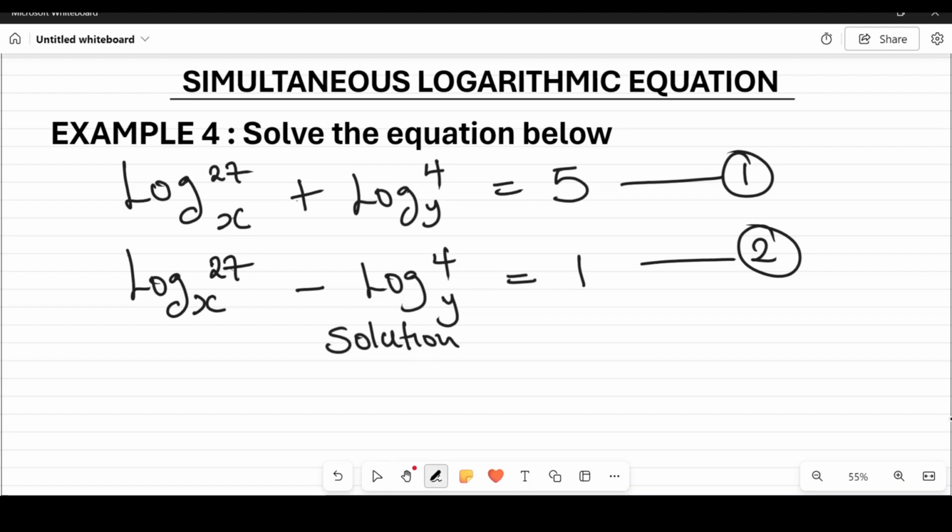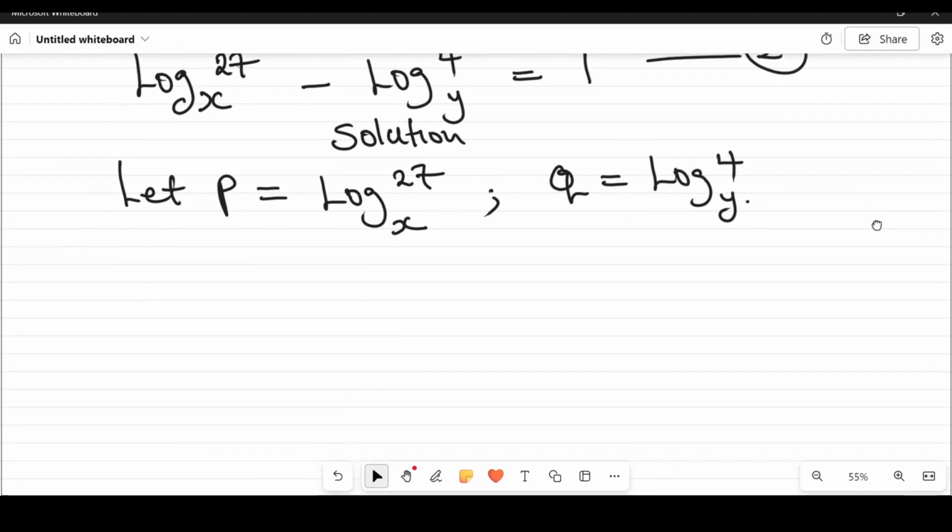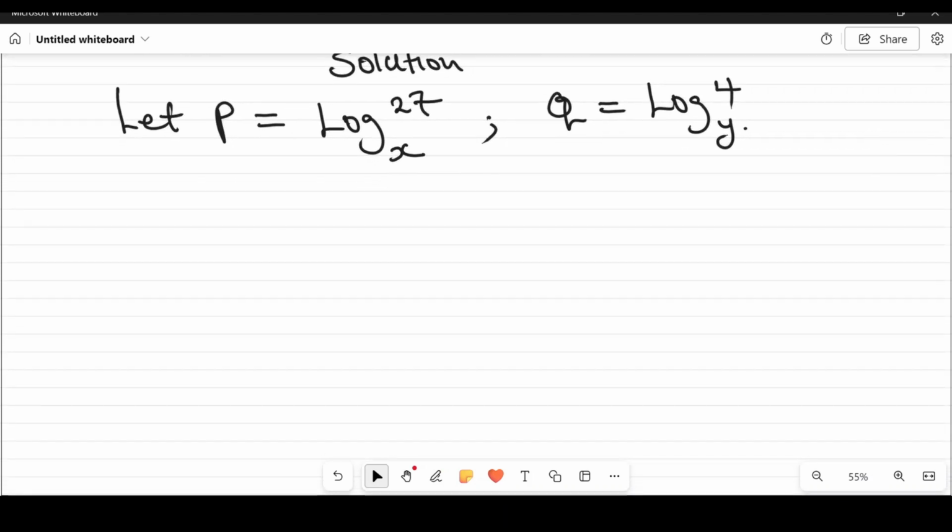So we say that let p be equal to log 27 to base x and q equal to log 4 to base y. So therefore, our equation reduces to P plus Q equal to 5 and P minus Q is equal to 1.